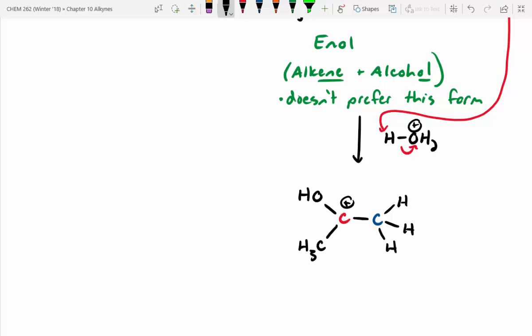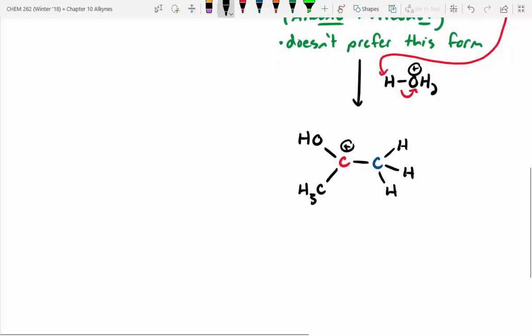Why is this carbocation unusually stable? Does anybody have an idea? Resonance, exactly. Told you guys it wouldn't go away. So this lone pair can dump down. And so now this red carbon and blue carbon are in the same spot, but now we've got a double bond to the position where the alcohol is at.